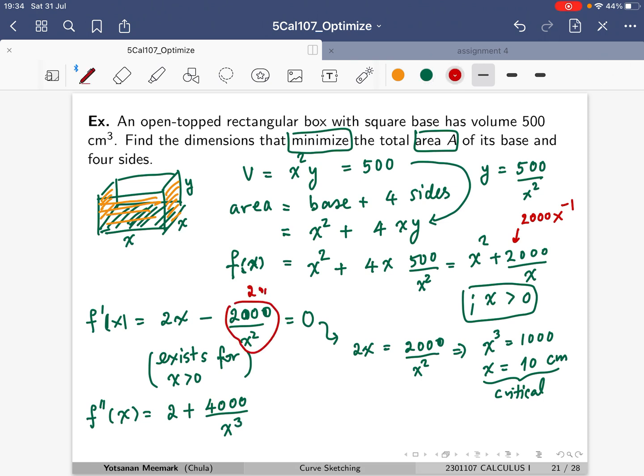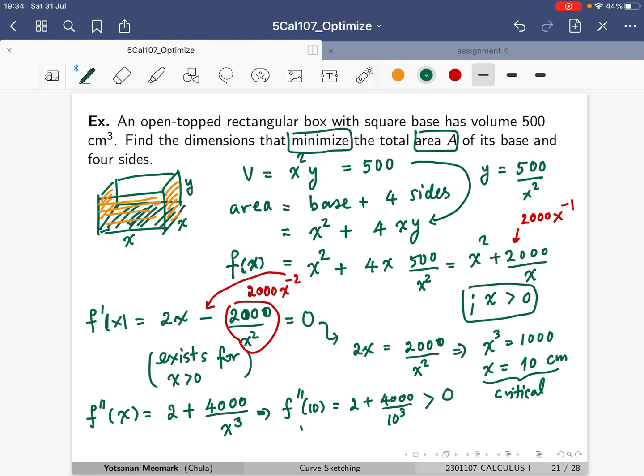Because this one is simply 2000 x raised to the power negative 2, so to find the derivative, the exponent will be kicked down, so it will be a plus. Then you replace x by 10, so at 10 it will be 2 plus 4000 over 10 cubed. We don't really care about the value, we just know that this one is positive.